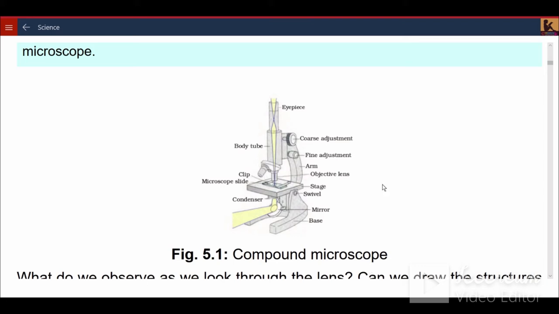Here the compound microscope can be divided into the eyepiece, the mirror, the microscope slide, the objective lens, and the two adjustments, coarse and fine. So this is the type of microscope that we are going to use.